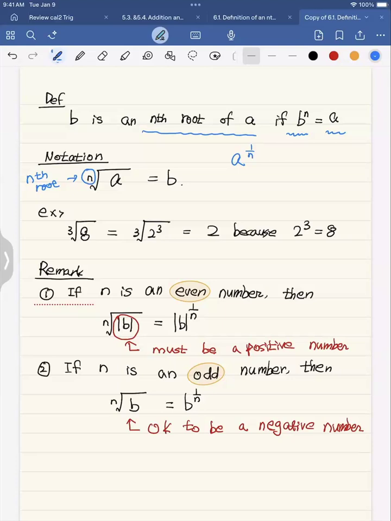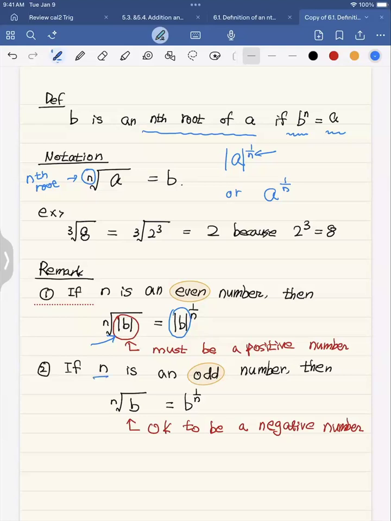It may be the absolute value of a to the 1 over n power, or just a to the 1 over n power. It depends on whether this n is even or odd. If that is an even number, then we have to put an absolute value sign here before we raise to the power, because what's under the radical sign must be a positive number.